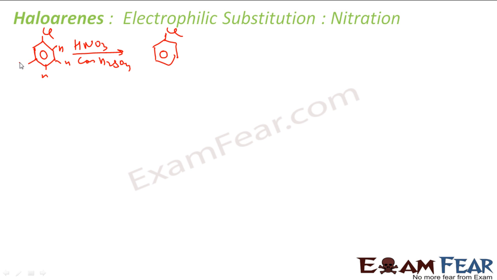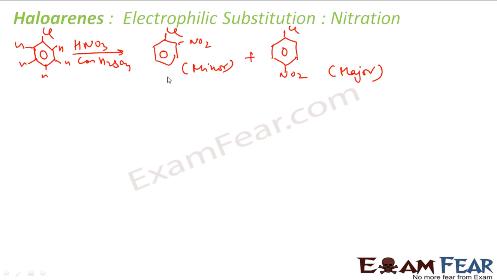Hydrogen is everywhere actually. So we'll get the product with NO2 at ortho and para, where the para is the major product and this is a minor product. This is 1-chloro-4-nitrobenzene. So let's see the reaction mechanism for this.